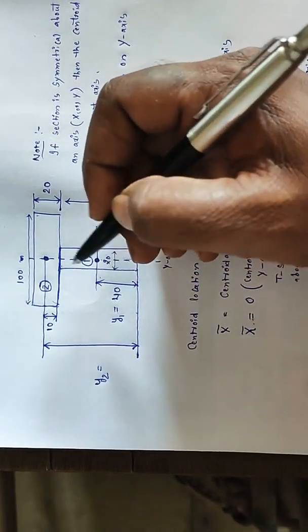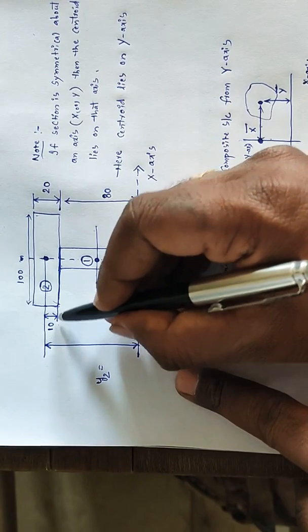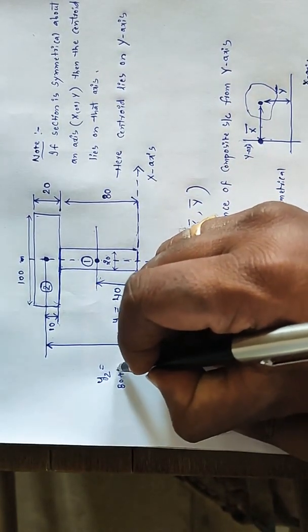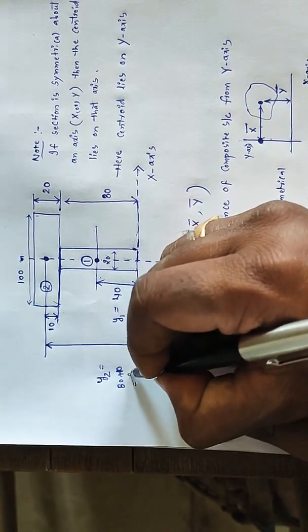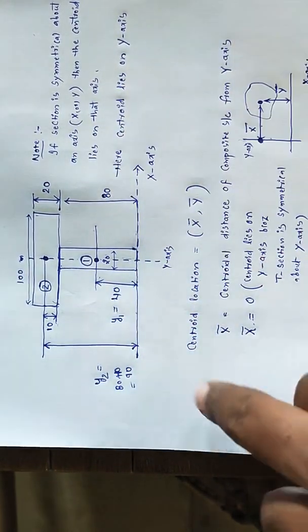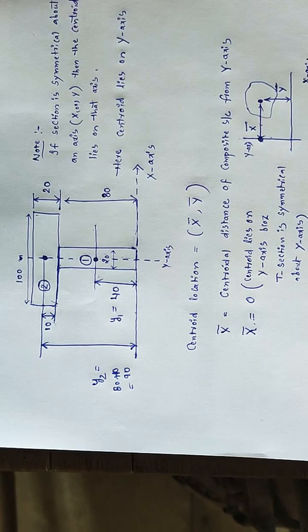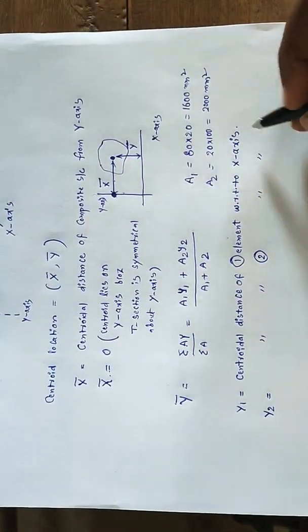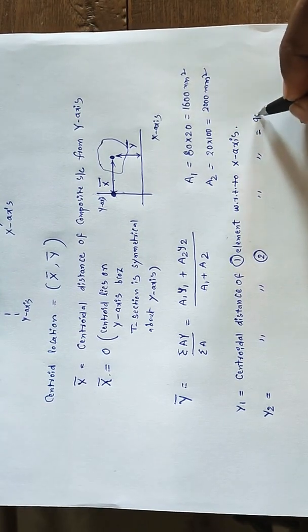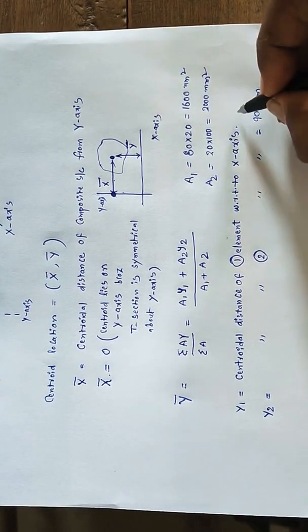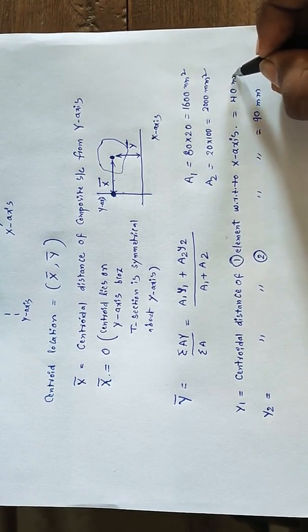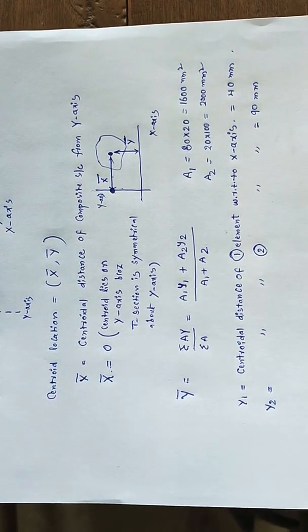So total 90. So here y2 is 80 plus 10, total 90 mm. So here y2 is 90 mm, y1 is 40 mm. So now we got y1 and y2.